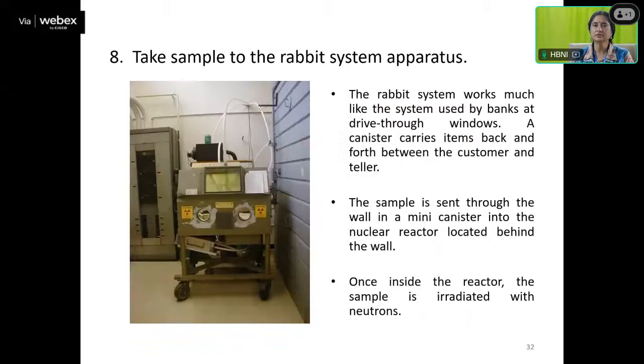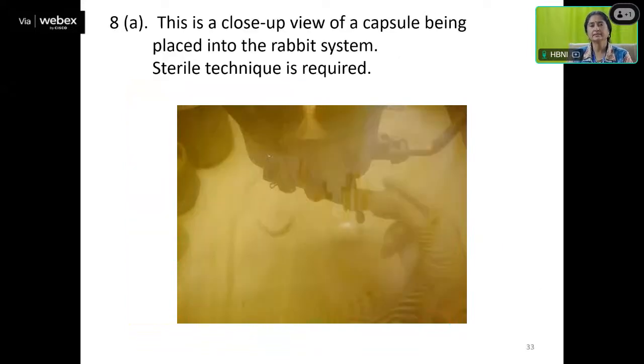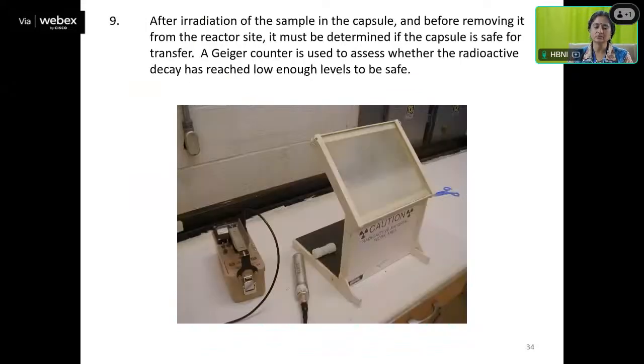Now the sample is taken to, say, the Dhruva reactor, and you have to use the pneumatic carrier facility, where the thing which goes inside the reactor carrying the sample is called a rabbit. There you put your sample, and through the pneumatic facility it is sent to the reactor core.